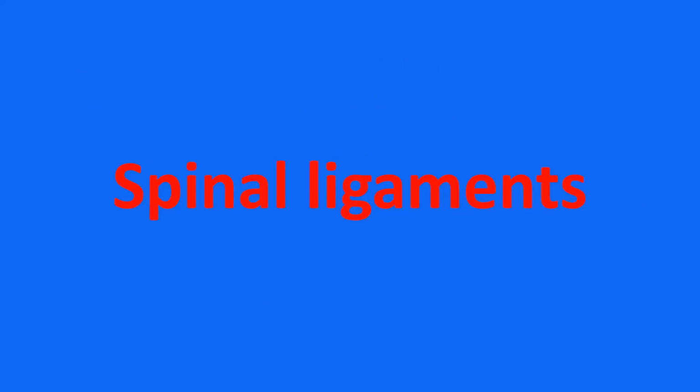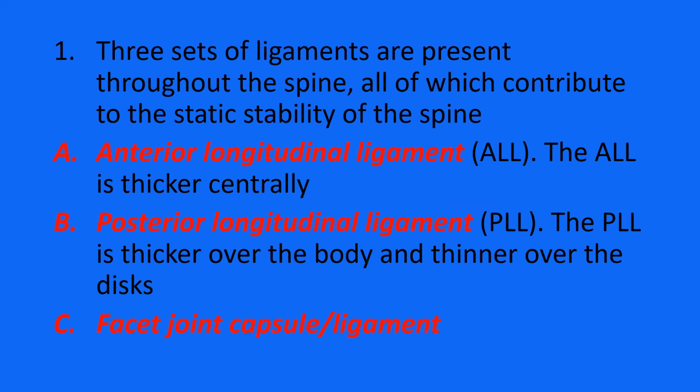We have to know about the spinal ligaments of the spine. There are 3 sets of ligaments that we should know in the spine. We have the anterior longitudinal ligament. This is the largest.